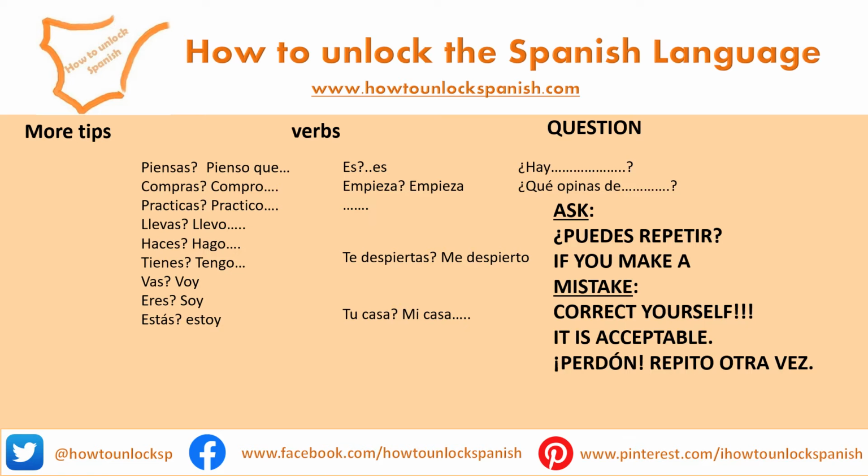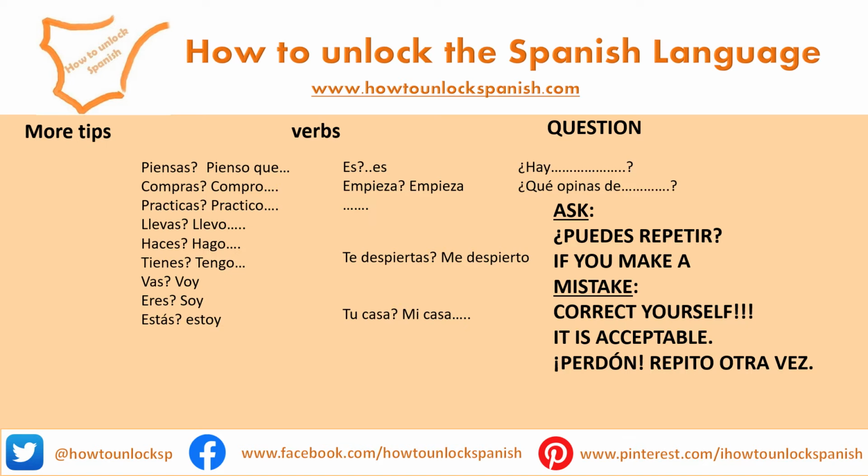A few exceptions are when someone asks you about ¿qué haces? And you have to answer hago, or what you actually do. Nado, juego. Tienes, your version of tienes is tengo. Vas is going to be voy. Eres is going to be soy. And estás is going to be estoy.